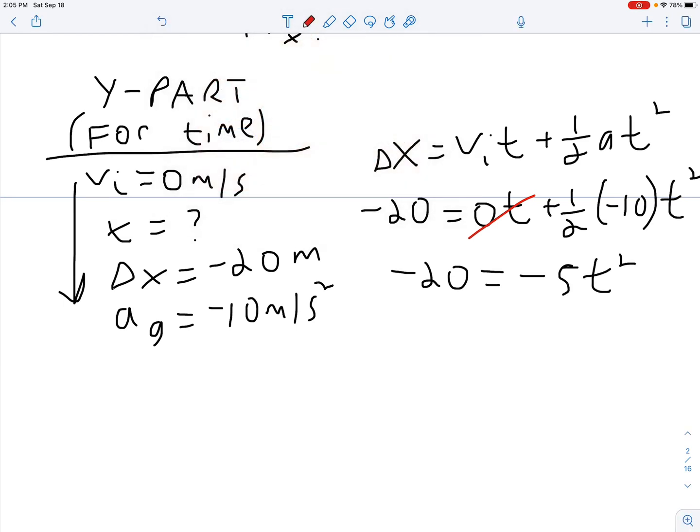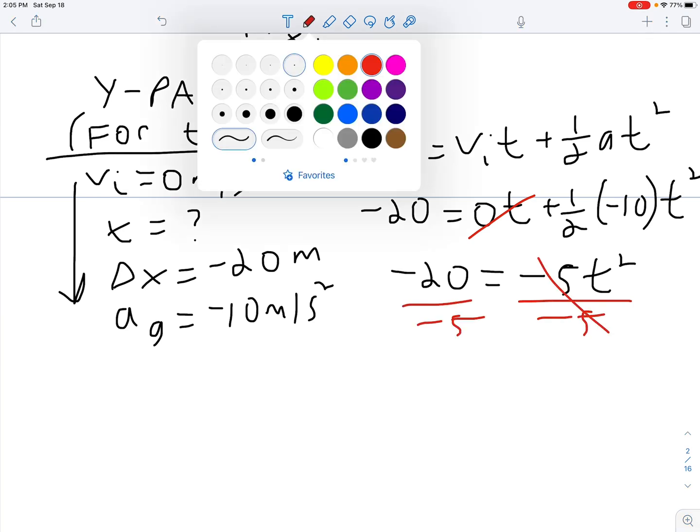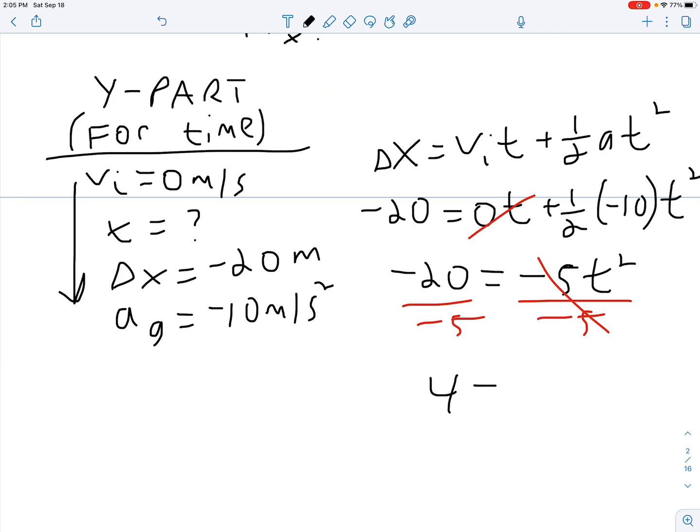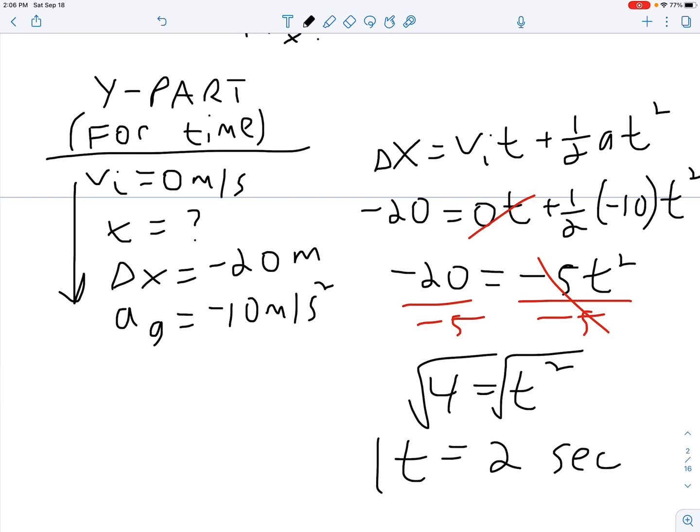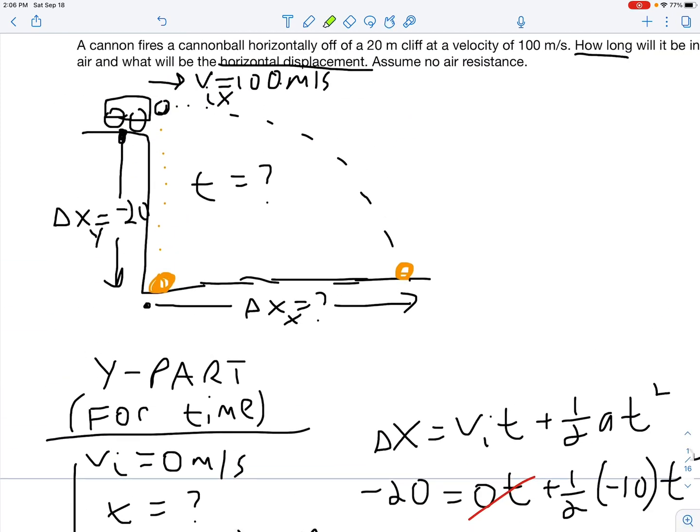That's looking pretty slick. I can divide by -5, and I'll get 4 equals t squared. And then I take the square root, and I get t equals, not 4, t equals 2 seconds. Awesome. So I know the ball is going to take 2 seconds to hit the ground here or here. It's the same because they're independent of one another.